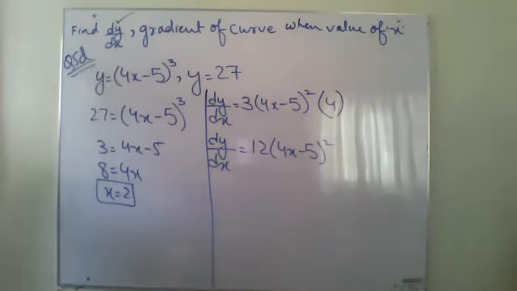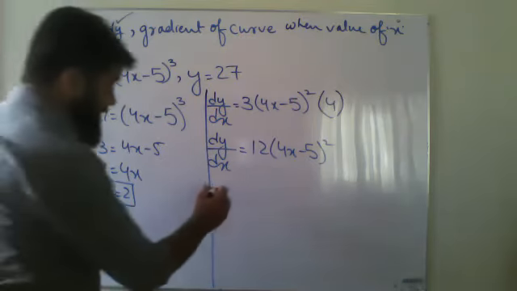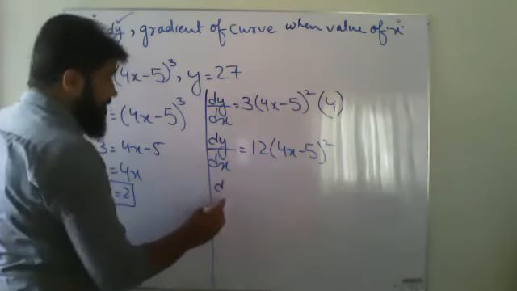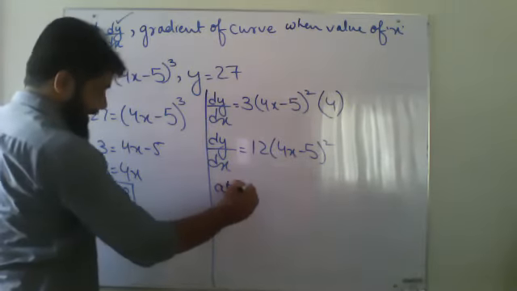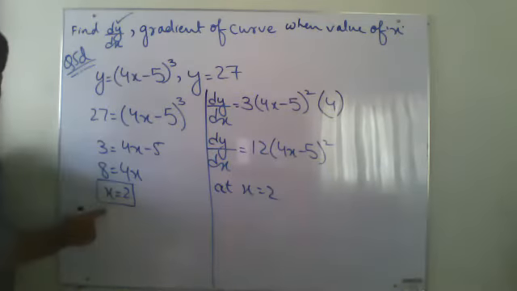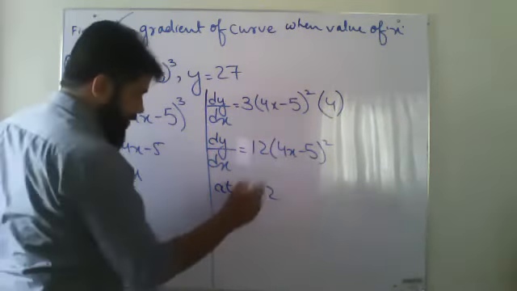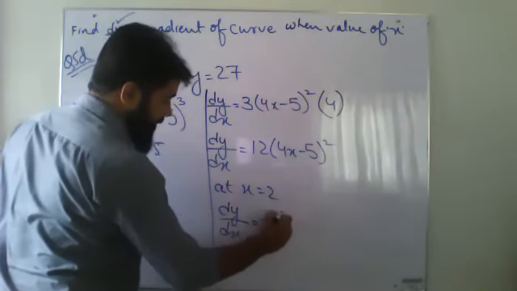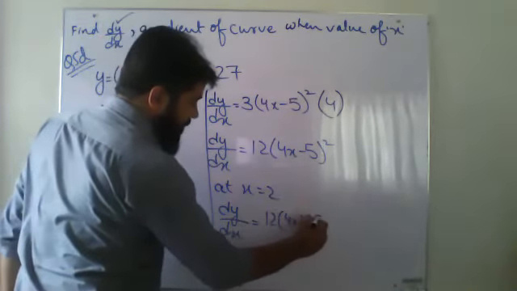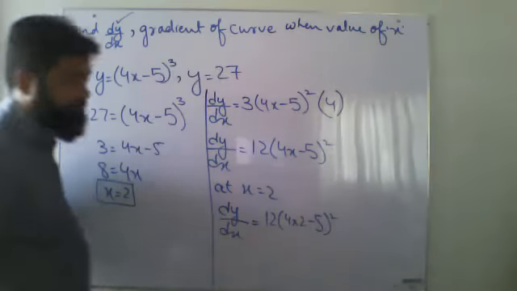My first task is done, that I need to find dy over dx. My second task says find gradient. So at x equals 2, which I've already found, putting it over here, dy over dx equals 12 (4 into 2 minus 5) squared.